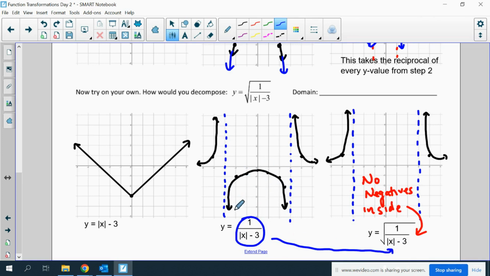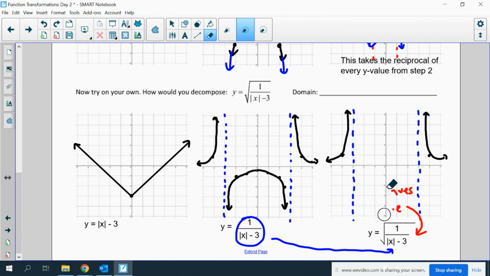We have a lot of negative y values. And when you take the square root of any negative y value, we get something that does not exist in the real numbers. So the entire middle portion of this graph no longer exists. That all goes away because there are no negatives allowed inside.